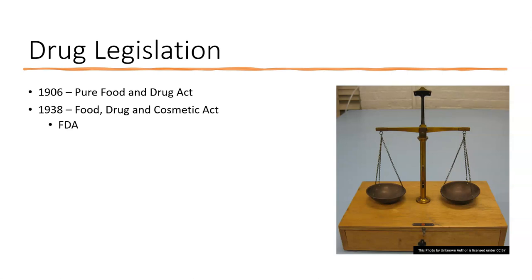Now, in 1938, they wanted to come around and fix that a little bit. 1938 was the Food, Drug, and Cosmetic Act. This caused the formation of the FDA, the Food and Drug Administration. It required the manufacturer to prove the drug formula was safe. And part of that came about because some early anti-infective drugs, sulfonamide, arsphenamine, I'm not saying that right, actually had the equivalent of antifreeze in the drug.